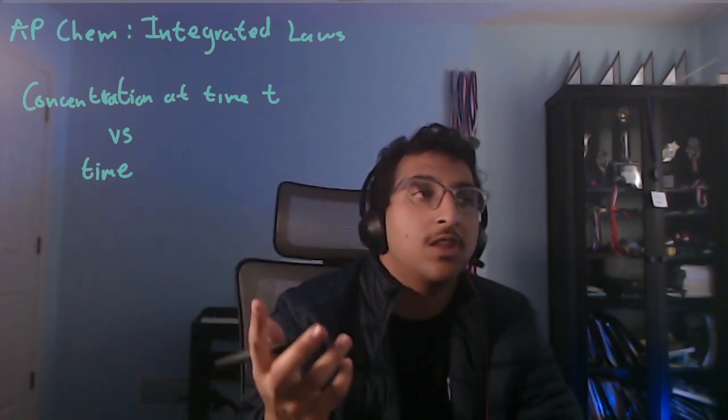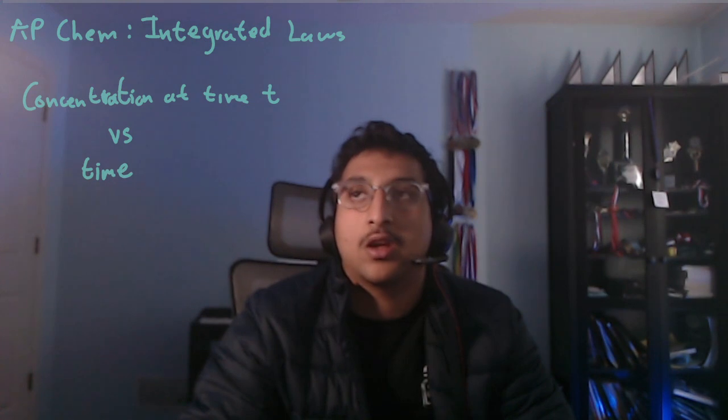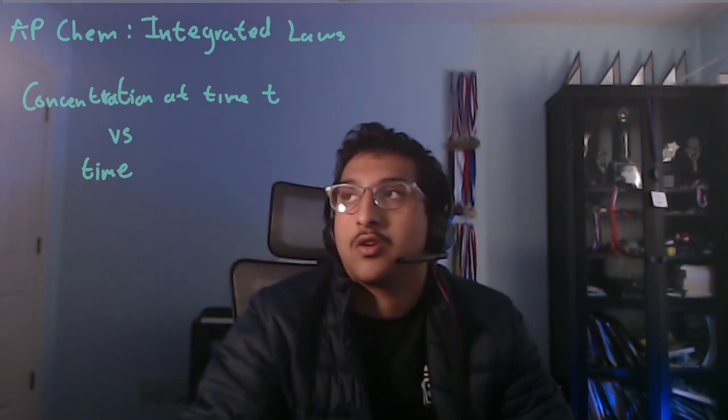Right now we know the rate, but we want to find a way to change these differential rate laws into integrated rate laws. Normally you would use calculus for this, but the AP Chem test doesn't expect you to know calculus, so it just gives you the equations for the integrated rate laws. But it's nice to have a small bit of understanding of how these laws are derived.